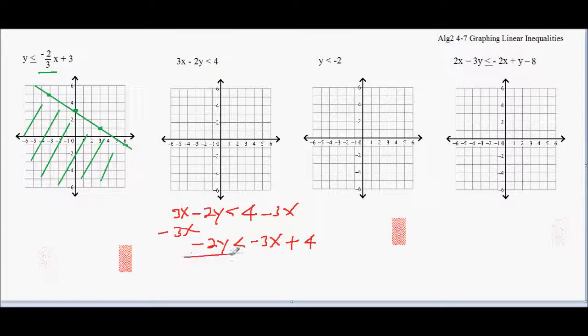Then I divide by negative 2. Remember our rule: when I divide by a negative, I flip the inequality. So the inequality flips, and this becomes y is greater than 3 over 2x.